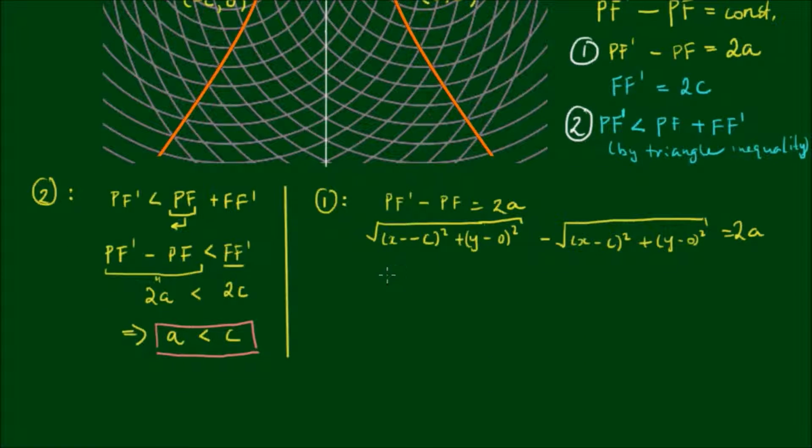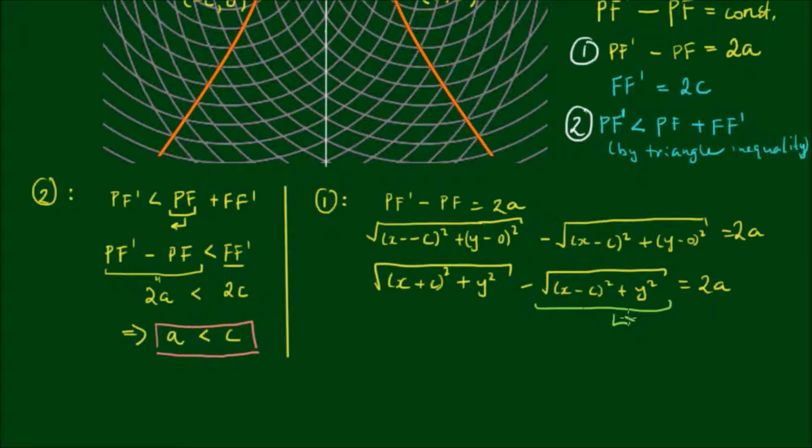So rewriting this more neatly, we have the square root of x plus c all squared, so double negative becomes a positive, plus y squared, minus the square root of x minus c all squared plus y squared is equal to 2a.